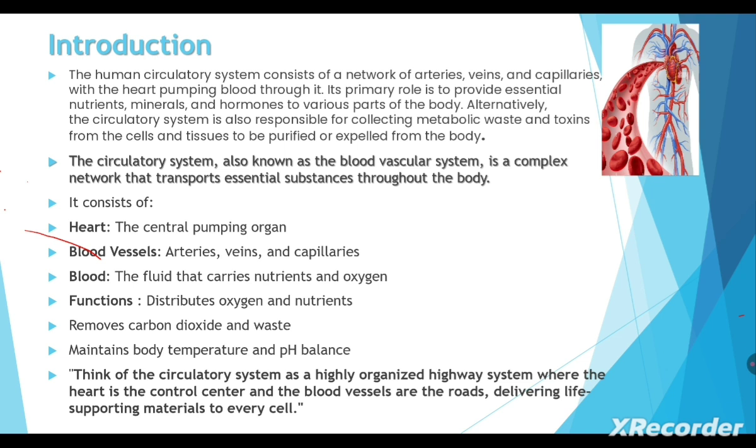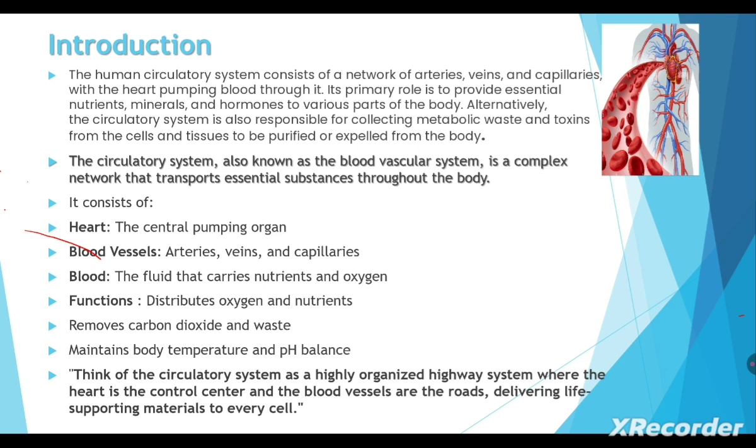Coming to the next thing, the circulatory system contains the heart, which is the central pumping organ, then the blood vessels, that is arteries, veins and capillaries, and the very important fluid that carries the nutrition and oxygen, that is blood. And what is the function?